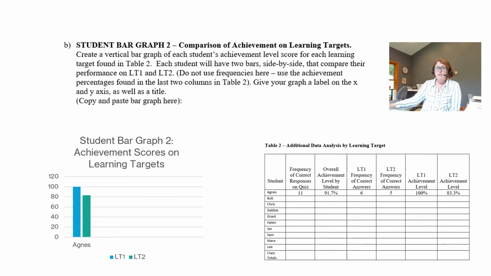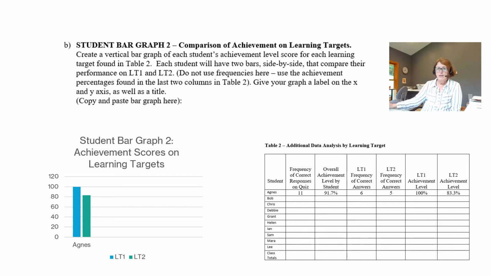Student Bar Graph 2 is a little different. It's a comparison of achievement on learning targets. On this one, instead of graphing raw scores, you're graphing the percent correct that they got on learning target 1 and the percent they got on learning target 2. If you look at Table 2, you can see in the last two columns their achievement levels that you calculated from Data Analysis 1.